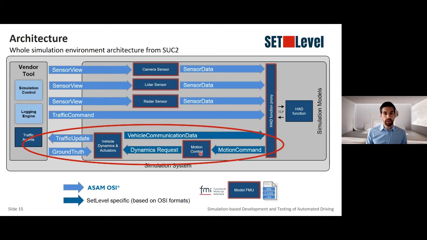Both models here are meant to be delivered and integrated as functional mockup units, thus supporting the standard FMI, and are connected to each other and to the rest of the simulation environment via OSI interfaces. Some of them are, as already pointed out, standard ASM OSI interfaces. Others are SET Level specific interfaces, which were developed and integrated in the current project.